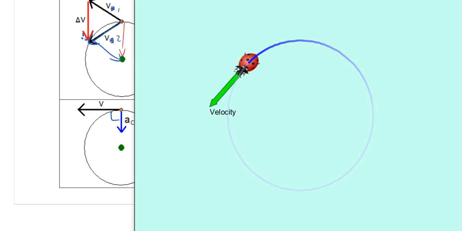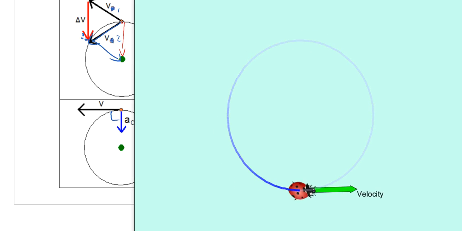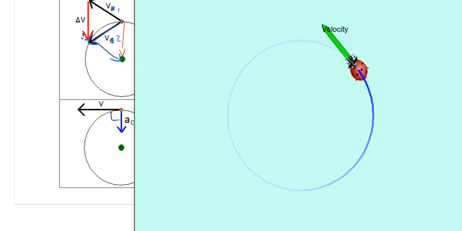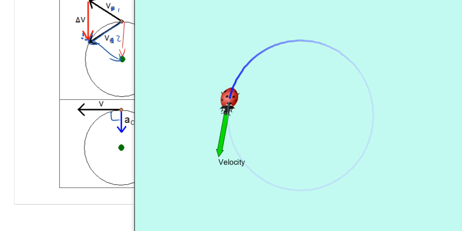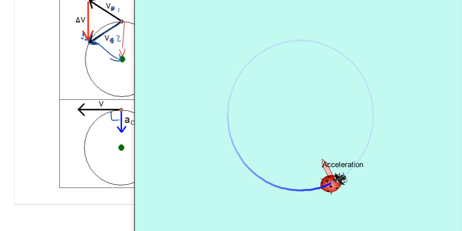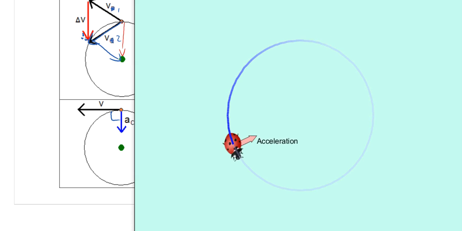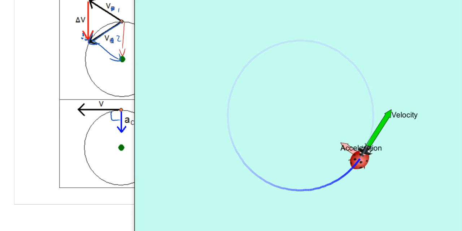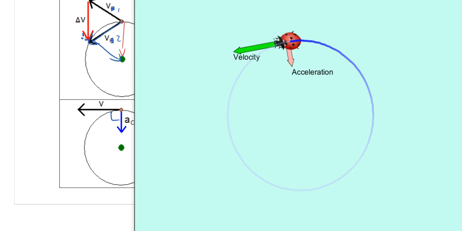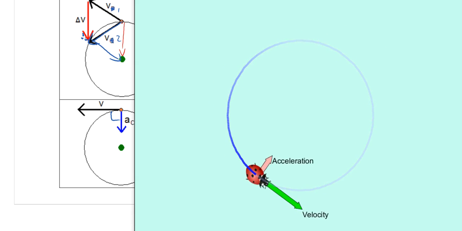Now I can show the velocity vector. There's my velocity vector for my little ladybug, always tangent to the circle. I can also show the acceleration vector. You can see the acceleration vector is always pointing to the center. We can put both on there. And the two vectors are always perpendicular to each other no matter what.